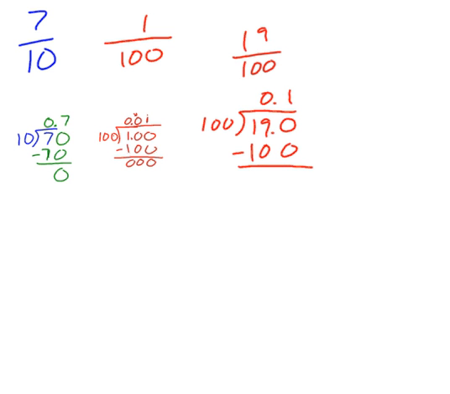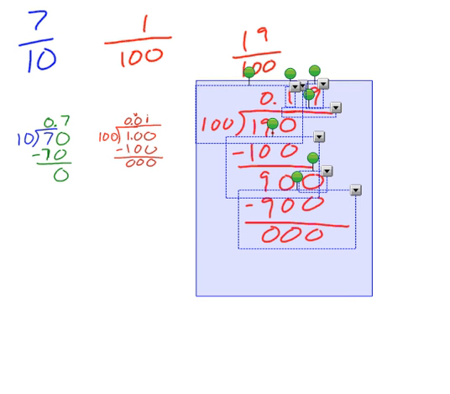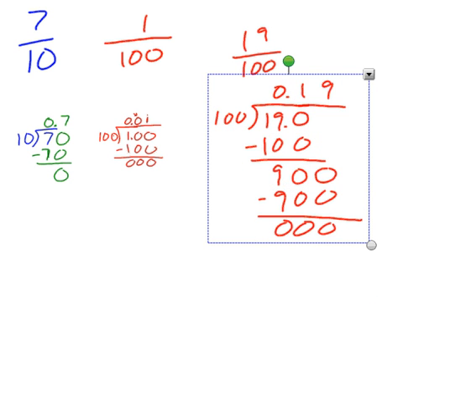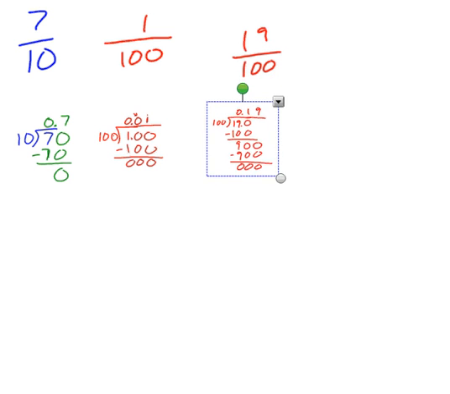We subtract it, and we're left with 90. Can we take 100 from 90? No, so we need to add another 0. So now how many times does 100 go into 900? 9 times. 9 times 100 is 900. Subtract it, and we're all out at 0 again. So 19 divided by 100 is 0.19. I'd like you to write those down as well.